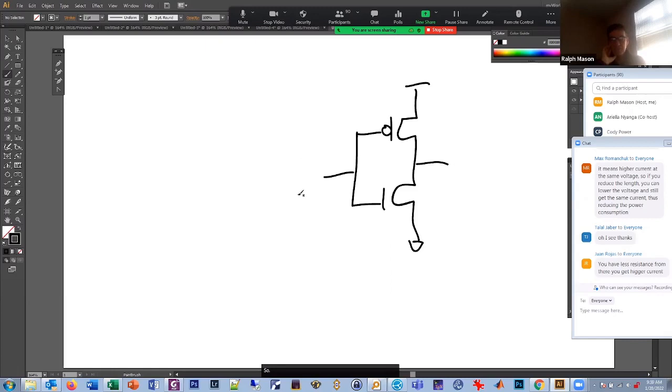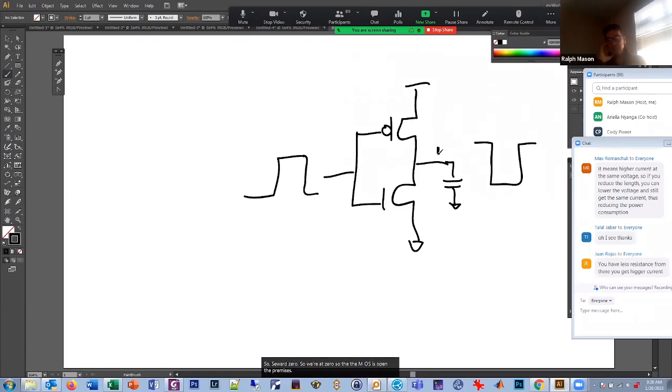So we said, let's say this is going from low to high and back to low again. And this is an inverter, so the output's going to go high to low and low to high. And this has a capacitor on it. So you see we're at 0. So the NMOS is open, the PMOS is closed, and we're sitting at 1 volt.